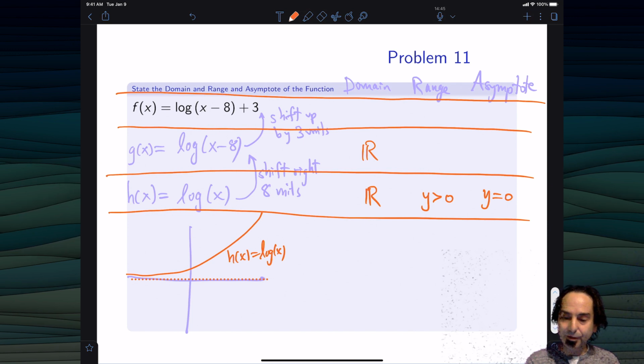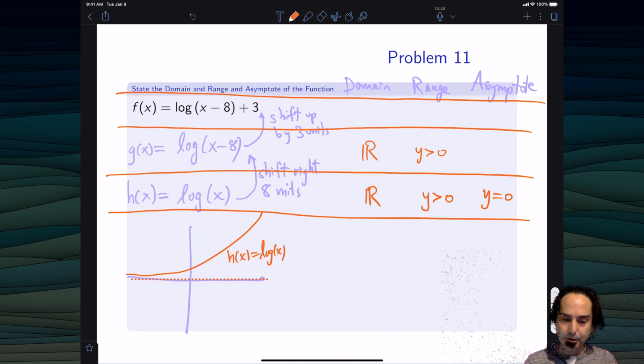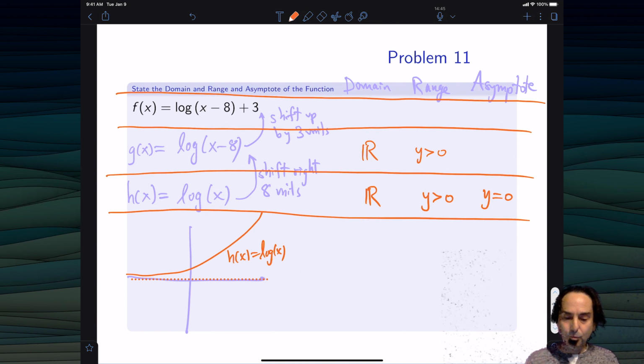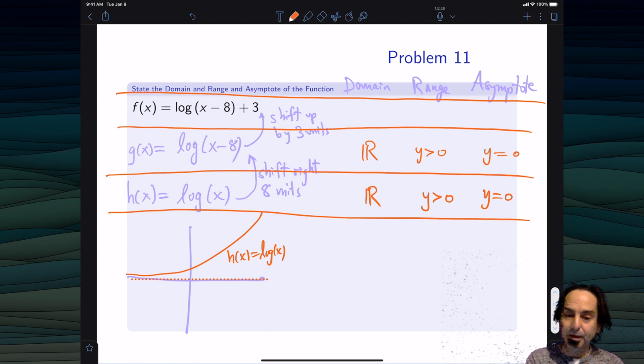Well, we're shifting it right, so we're not going to shift it up or down. Up and down is the range, left and right is the domain. And the asymptote, we're just shifting it one way or the other, so the asymptote is still y equals 0.